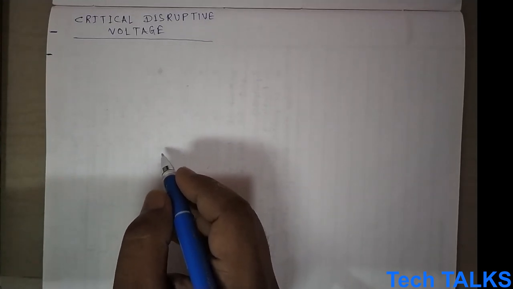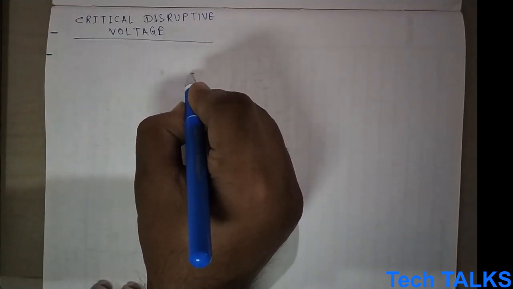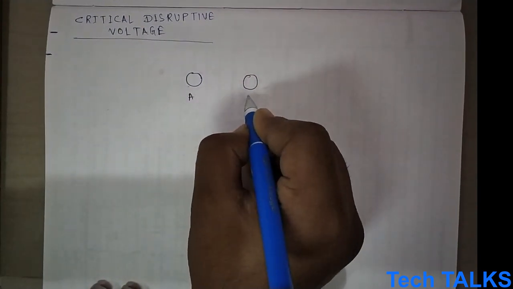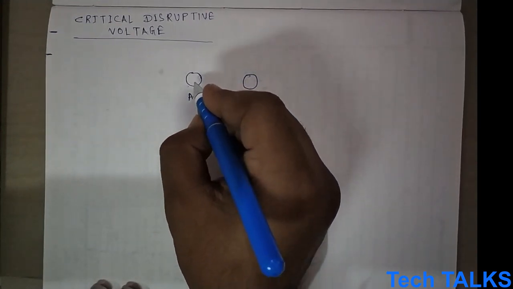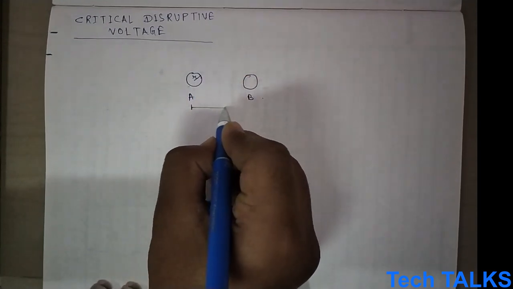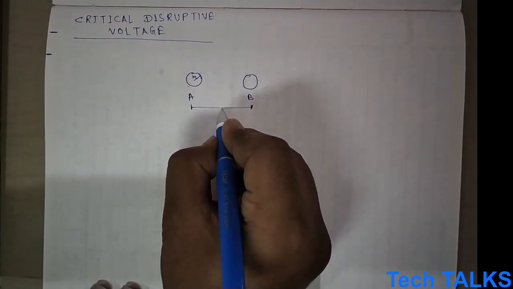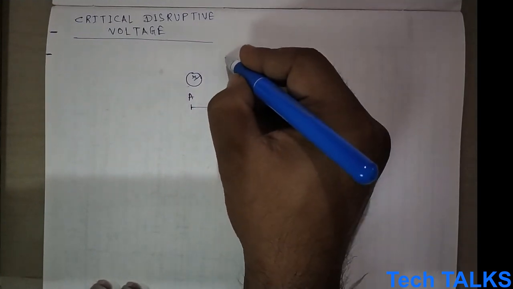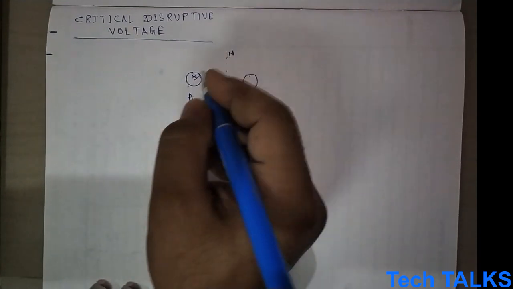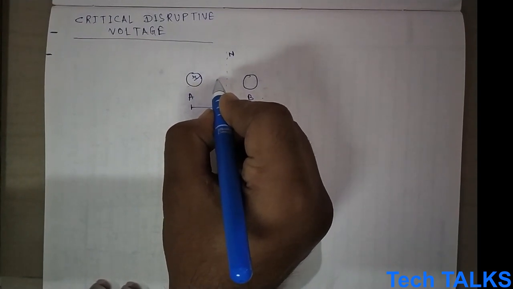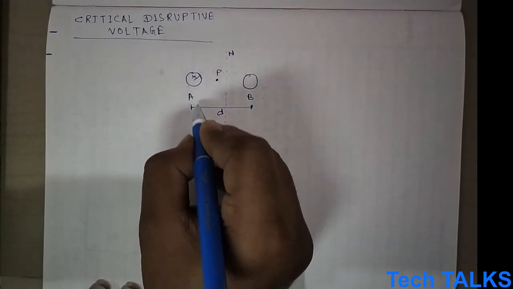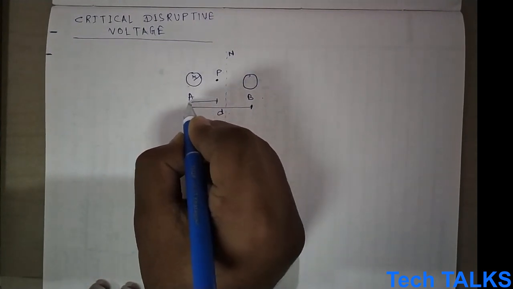So let us consider two conductors. This is conductor A and this is conductor B. The radius of the conductors is r, and the distance between these two conductors is D, and this is the neutral point N, and we consider a point P. The distance between A and P is x.